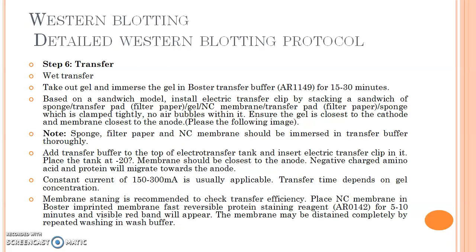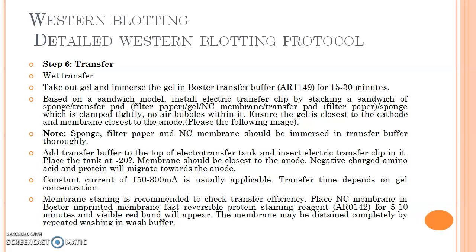Step 6, wet transfer. Take out the gel and immerse it in Booster transfer buffer for 15 to 30 minutes. Based on a sandwich model, install the electric transfer clip by stacking a sandwich of sponge or transfer pad, gel, nitrocellulose membrane, transfer pad or sponge, which is clamped tightly.